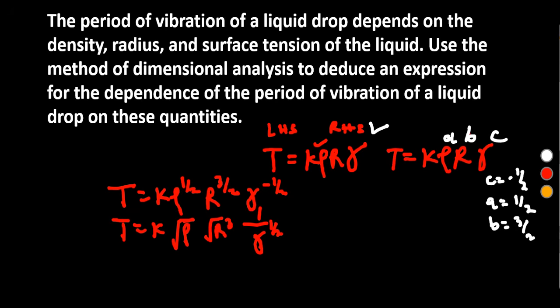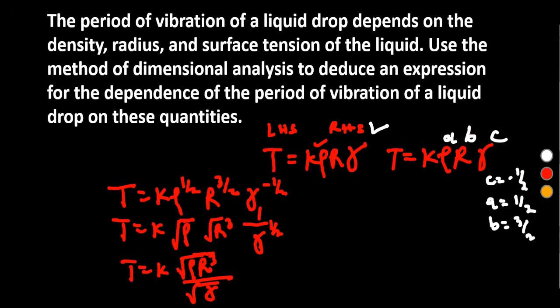So that we have now that this is T, we have K, this is root of density. We can combine these two. This is density, this is raised to the power of 3, and of course this is square root of the surface tension.